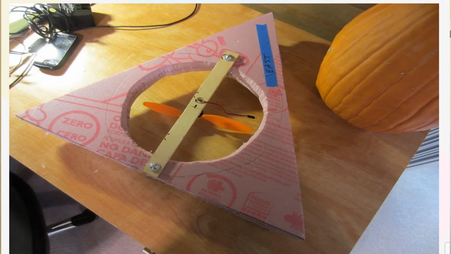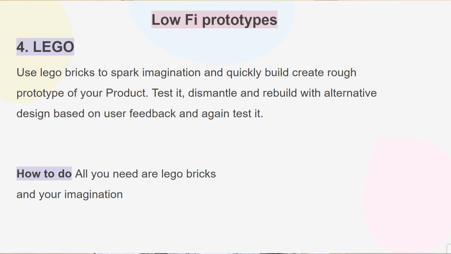Ever played with Lego when you were a child? Then why not use Lego pieces in order to create a visual representation of a physical product? Use Lego bricks to spark imagination and quickly build rough prototypes of your product. Test it, dismantle and rebuild with an alternative design based on user feedback, and then again test it.